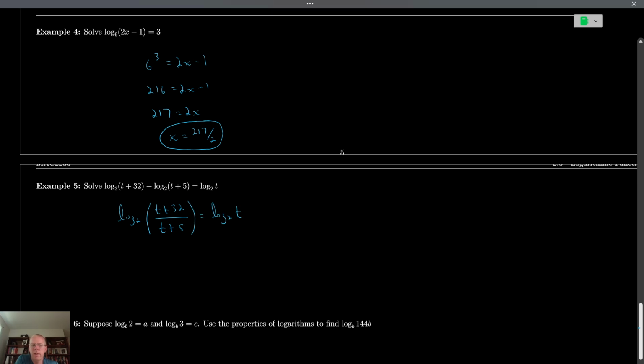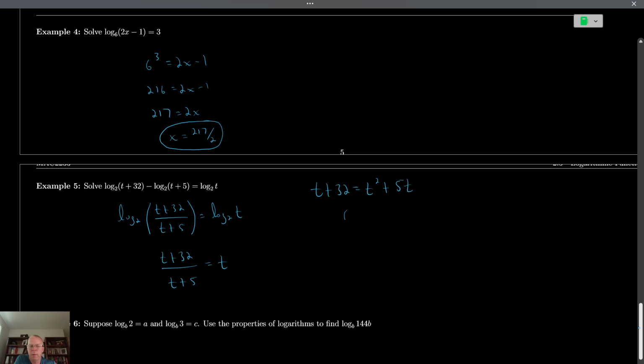So now we have log base 2 and log base 2, so we can get rid of these and just have t plus 32 over t plus 5 equals t. Now let's cross multiply. So we have t plus 32 equals t squared plus 5t.